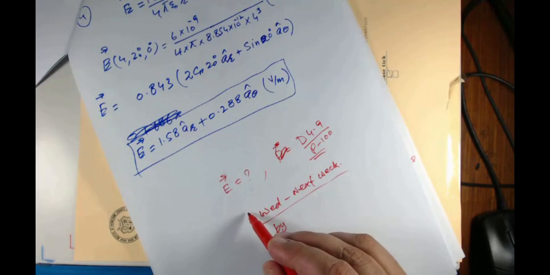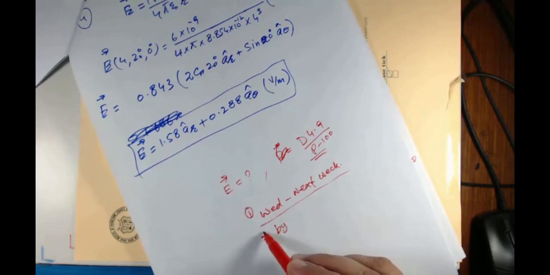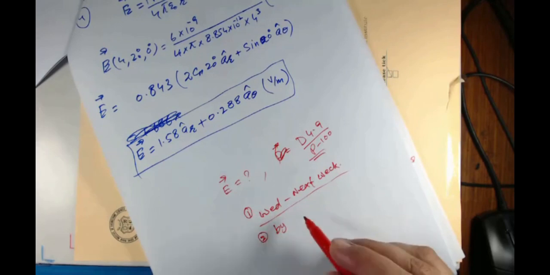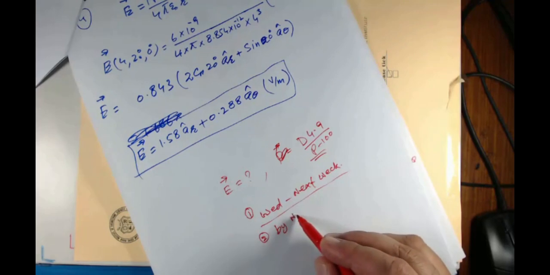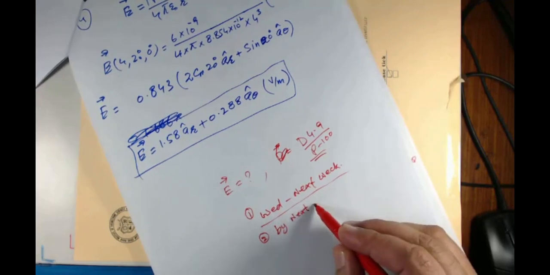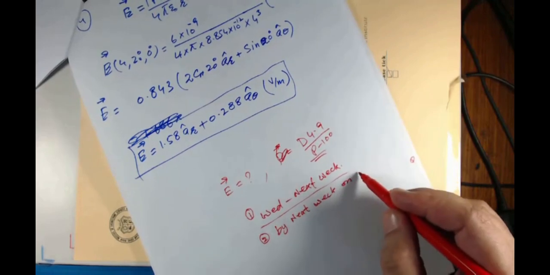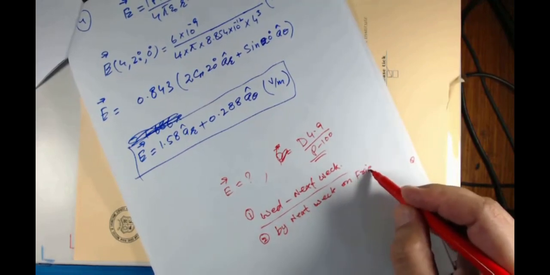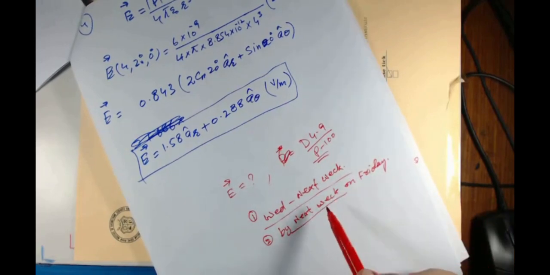Let's consider this our first assignment, and that one the second assignment. Submit this assignment by next week on Friday. Please provide soft copies of these two assignments. Thank you.